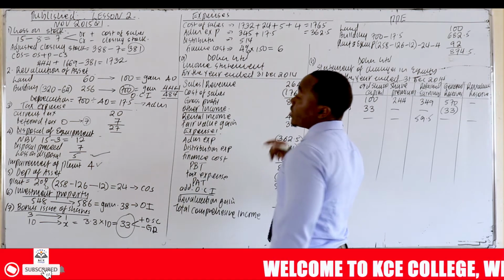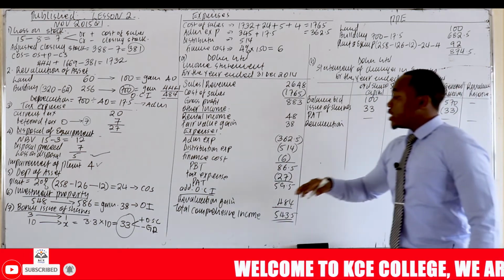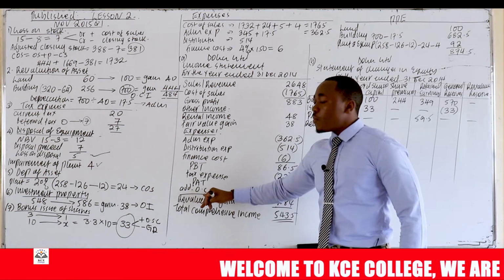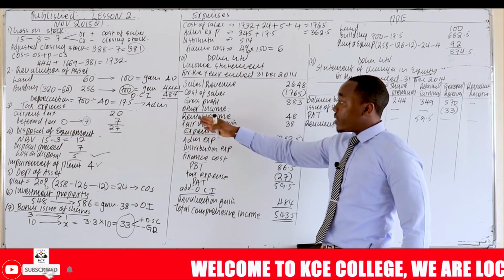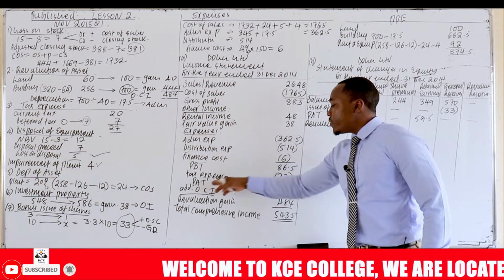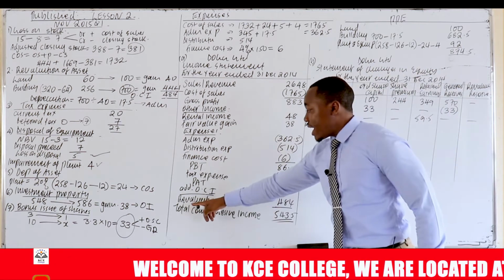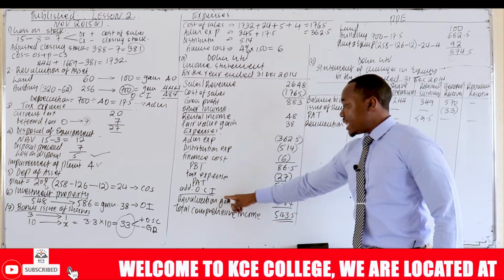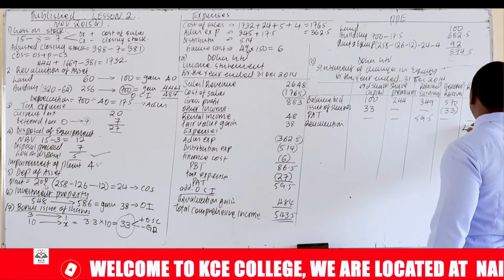Now note that for the revaluation gain, what you take to the statement of changes in equity is only what is in other comprehensive income. We don't factor in fair value gain. Fair value gain is part of other income, which is already included in profit after tax. So to the statement of changes in equity, you only take the net you have under other comprehensive income, an amount of 484.